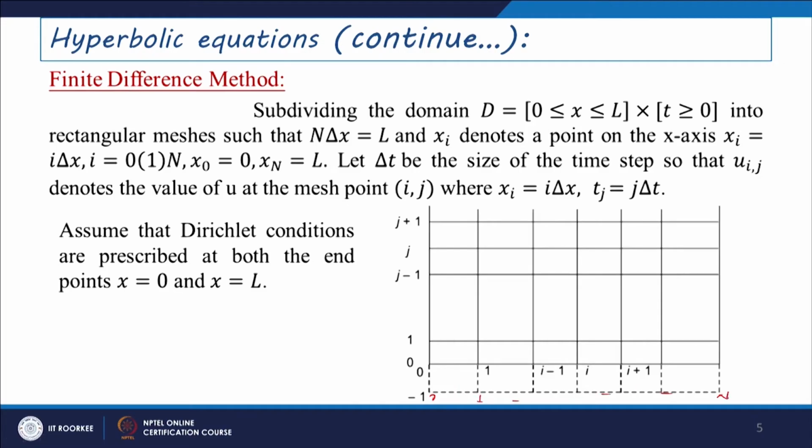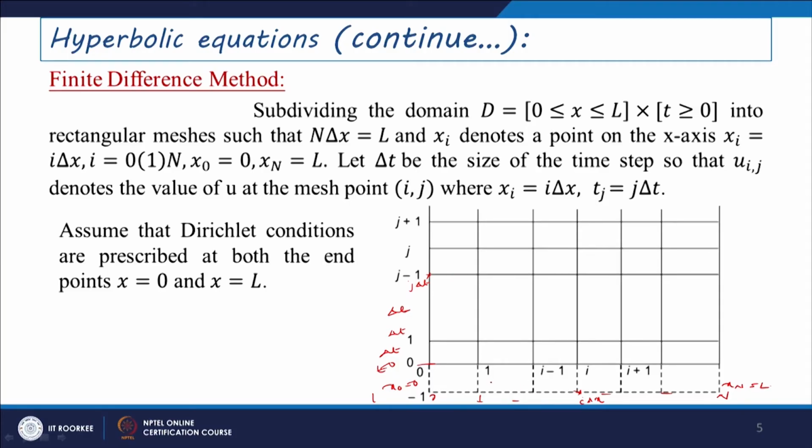Then we can define x0 equals 0 and xn equals L, and del t is the size of the time step. We consider t equals 0 at this level, and it is incremented by del t, del t, del t likewise. After i steps we get the grid position as i del x, and the time position as j del t.